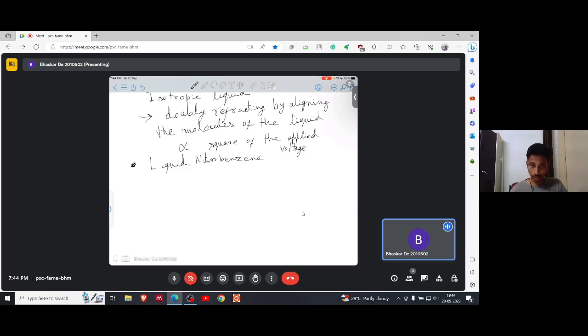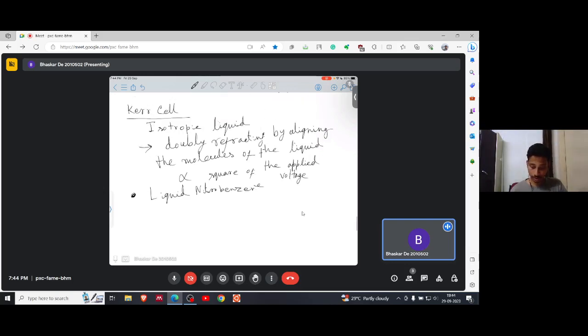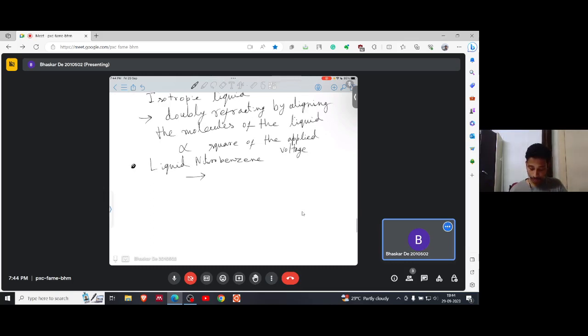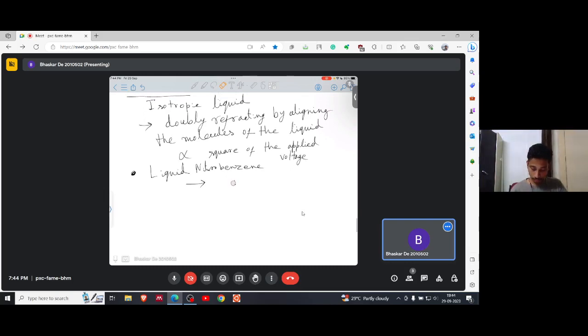So why liquid nitrobenzene? Because the reason is the same, that it creates the desired effect at low voltage.